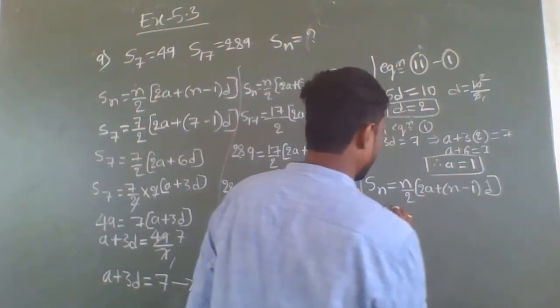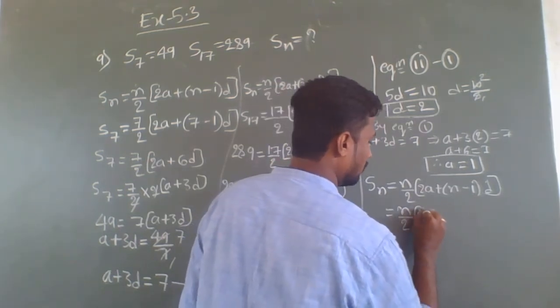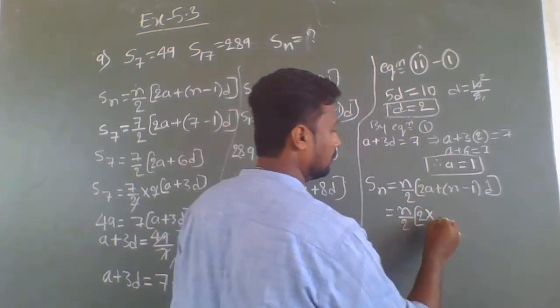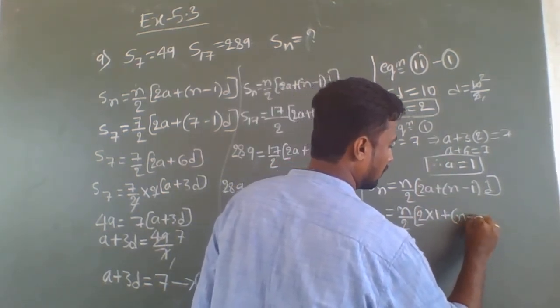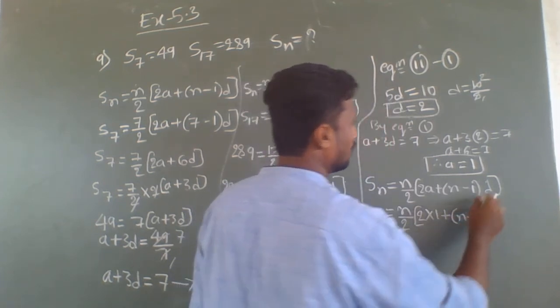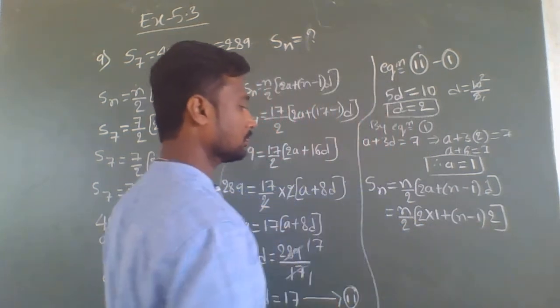So here n by 2 into bracket 2 into A value 1, plus n minus 1, and in the place of D I will write 2.